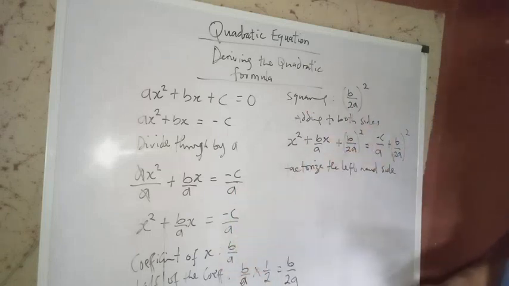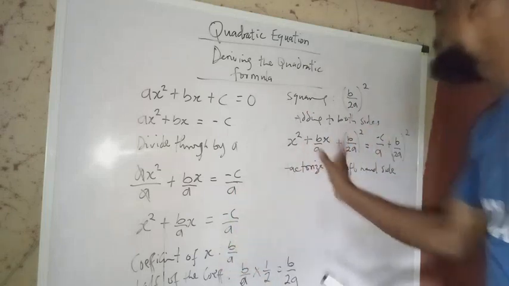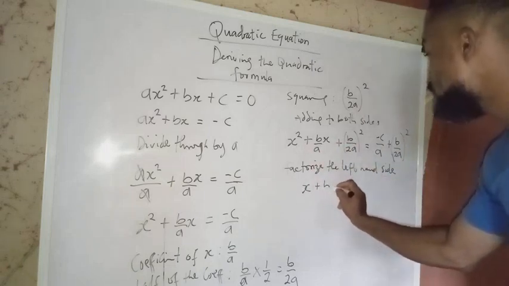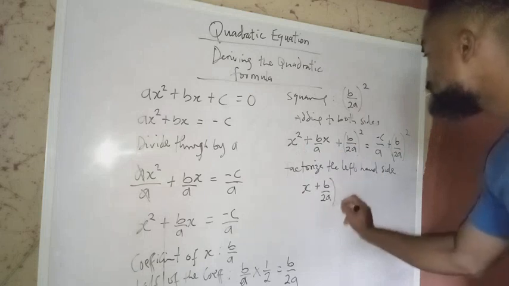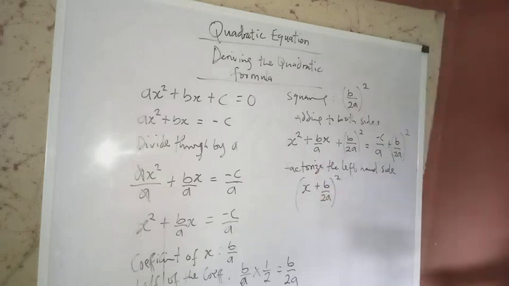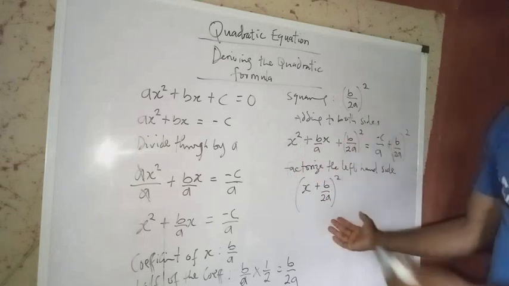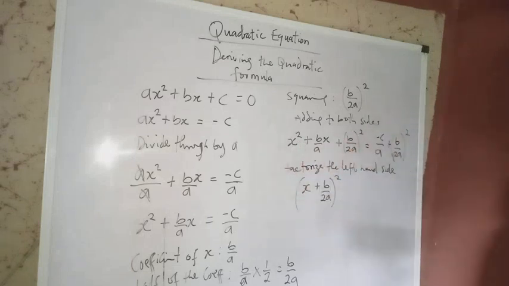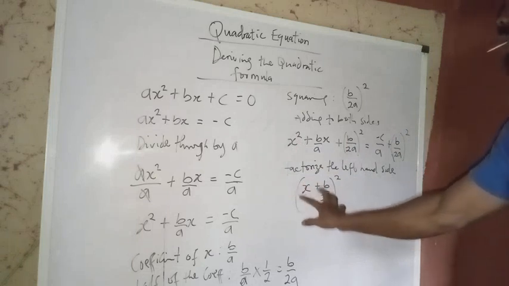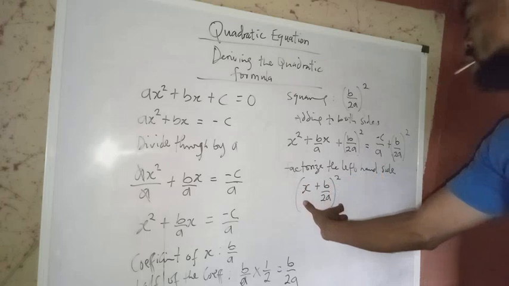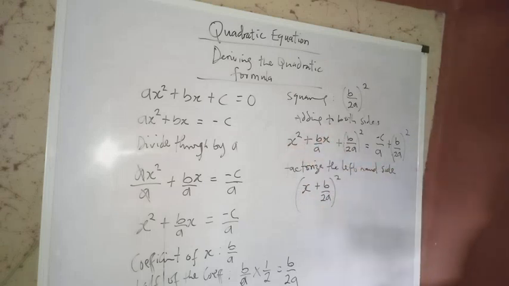So factorizing the left hand side, because it's a perfect square, we are going to have x plus b over 2a all squared. I take this x, take this b over 2a and square it. If I multiply this expression by itself, it will give me the left hand side.